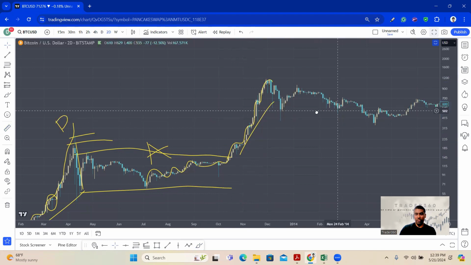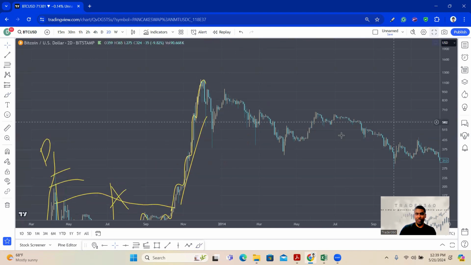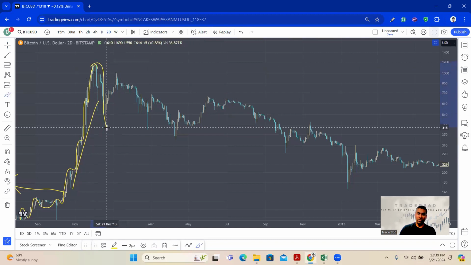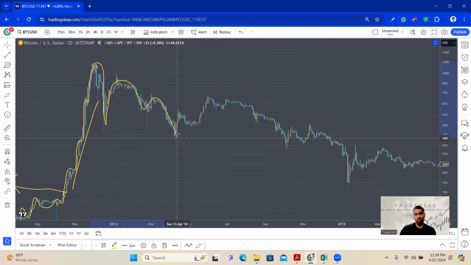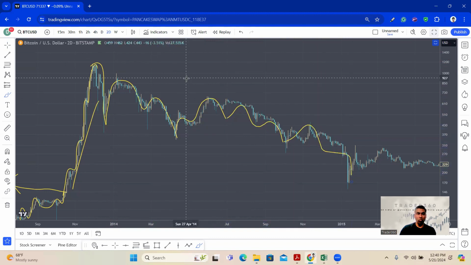After that, what happens? This is a real downward move. This is the first real downward move, a big drop, and then prices moved in a wave-like downward pattern. So this was actually the first proper downward move for BTC.